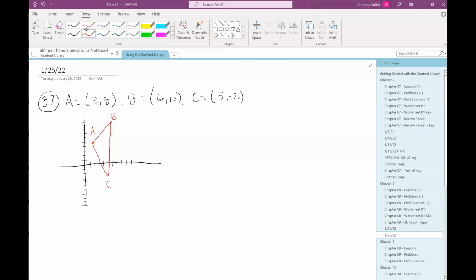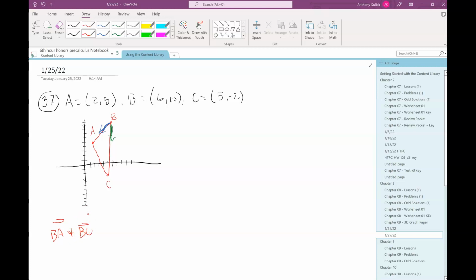Okay. So I'm going to start by creating some vectors for each vertex to find the angle. And along the way, I'm also going to end up finding the side lengths.